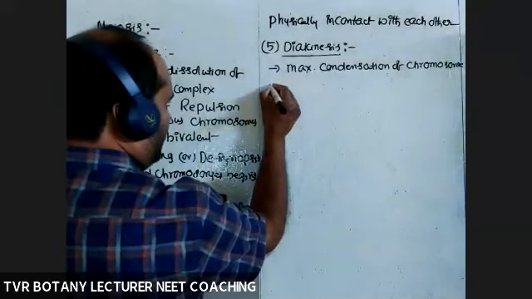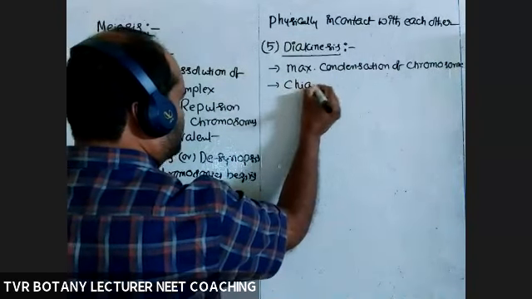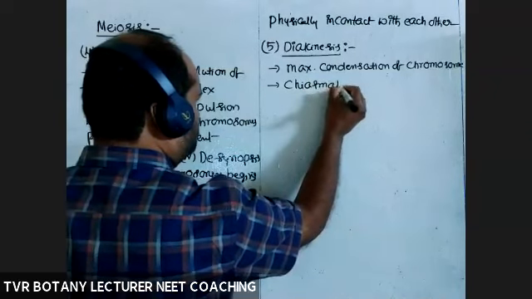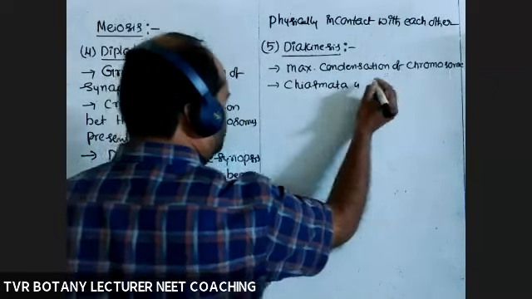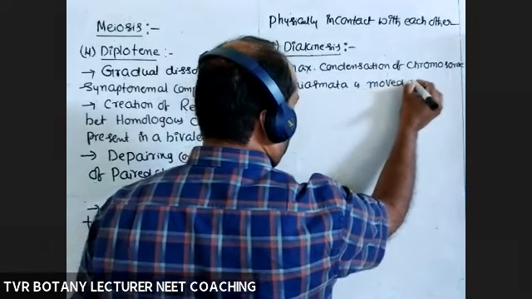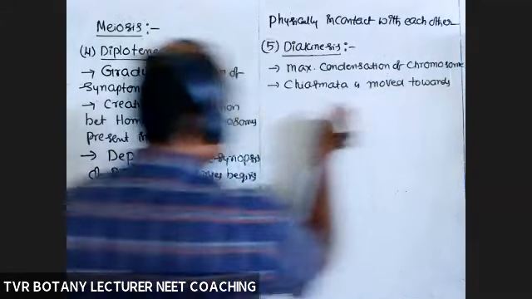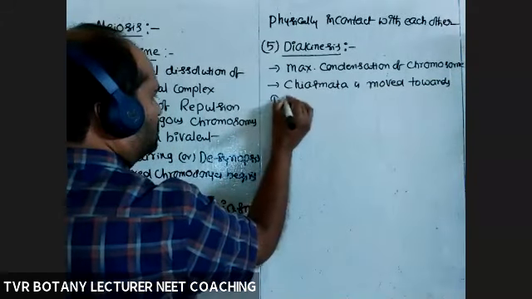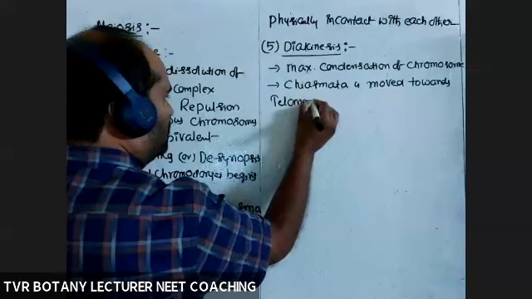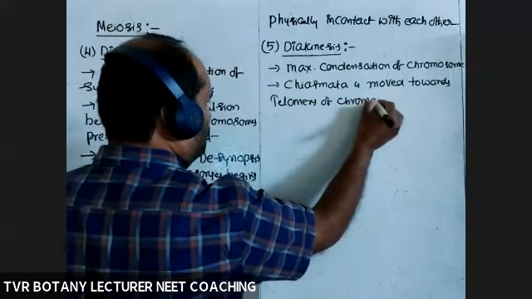So because of maximum condensation, chiasmata is moved towards the telomeres of chromatids.